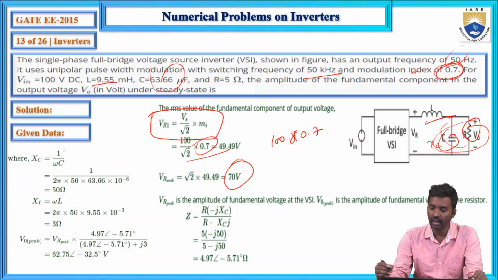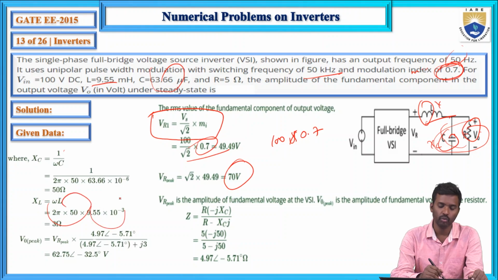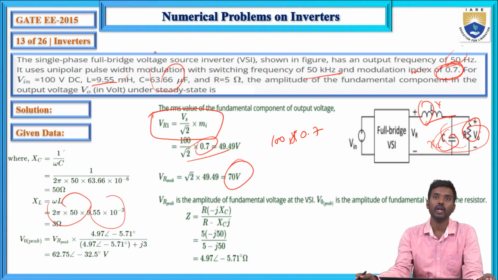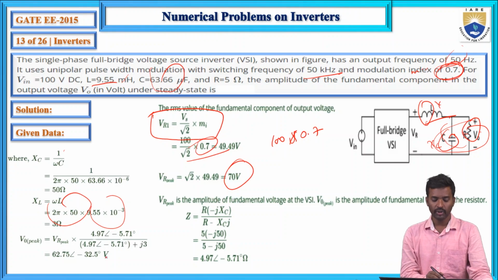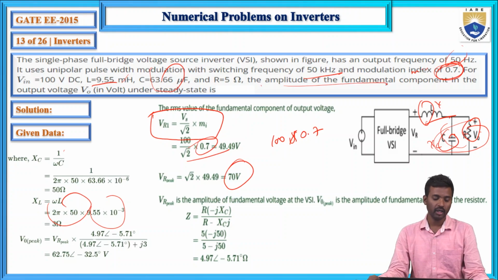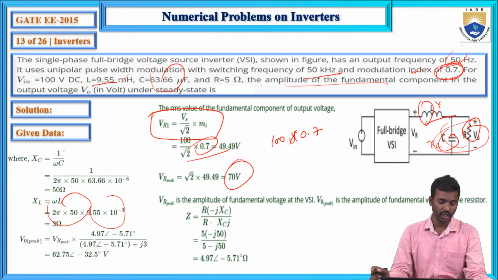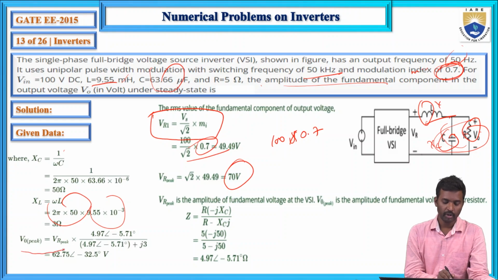And next, the XL value, XL equals omega L, same 2 pi F, L equals 9.55 millihenries. Now we need the output amplitude of the fundamental component, not the RMS value but the peak value. How will you get this peak value?